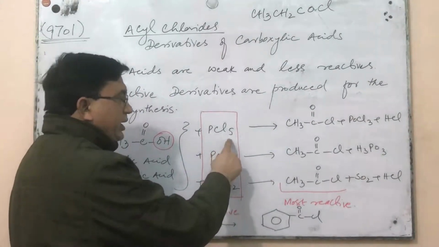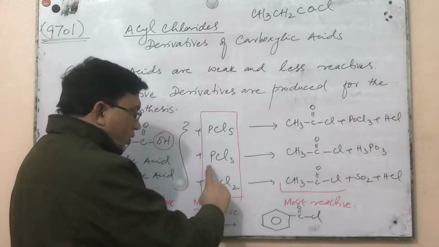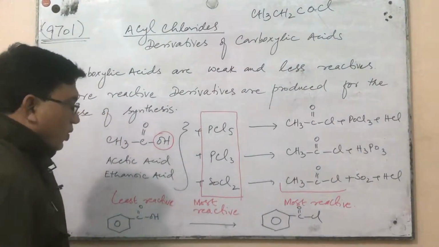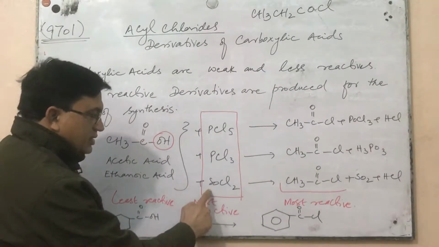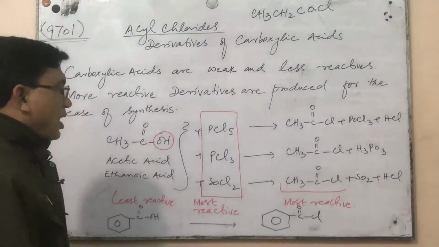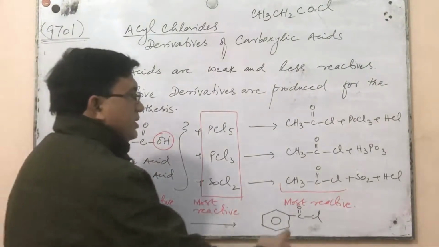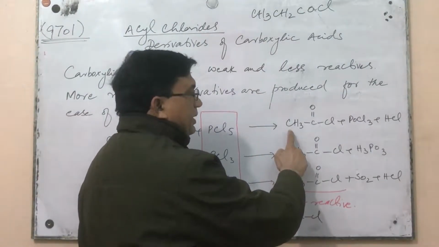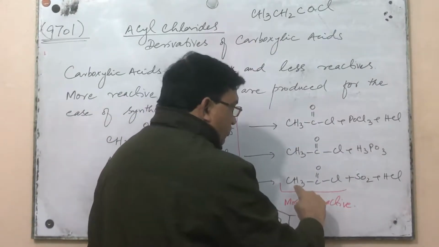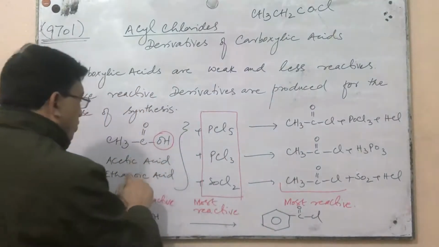Now, this acetic acid, when reacted with phosphorus pentachloride, or with phosphorus trichloride, or with sulfur dichloride oxide, all of these on reaction produce acyl chloride, which is from the ethanoic acid.